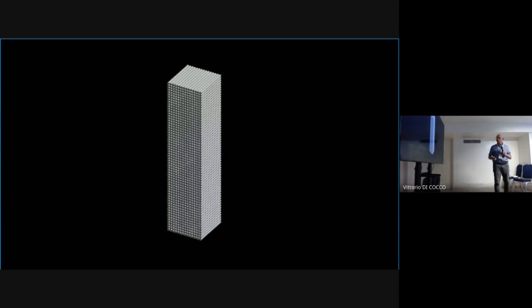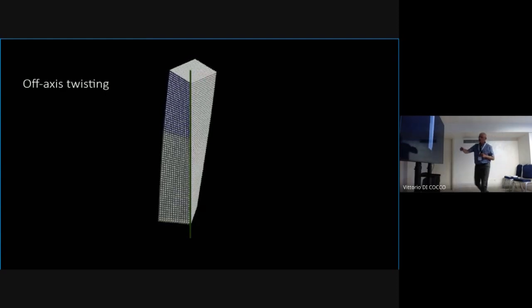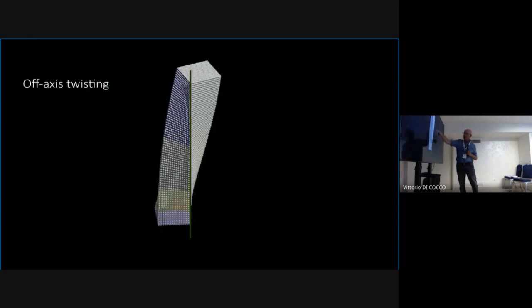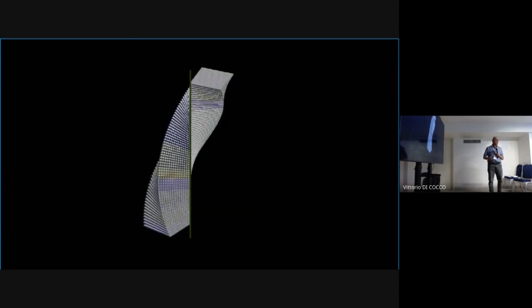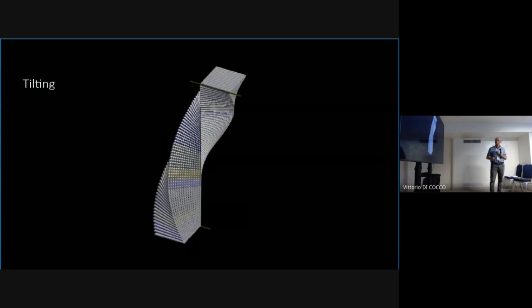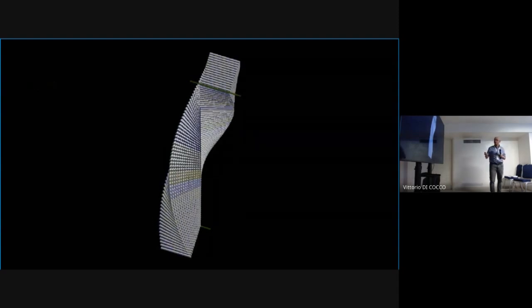So it goes up, and then around an off-center axis, not the center axis, there is twist, and then at some point there is also tilt, which is doing something like this. It's an incredible architecture, and that's what we see.